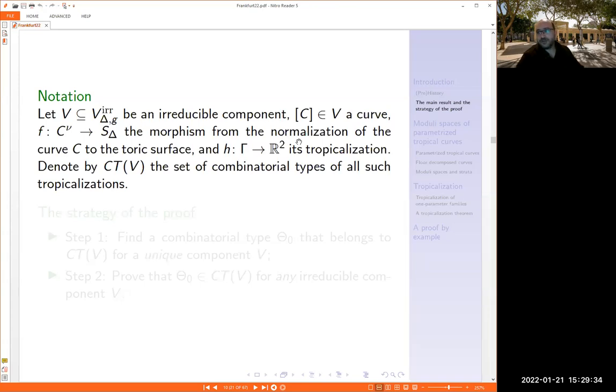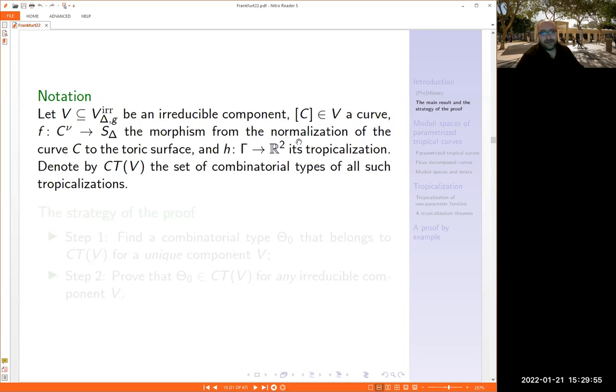So there is some way to produce a tropical object associated to a morphism from a smooth curve to a toric surface. Now for such a tropical curve, I can look at its combinatorial type, the discrete datum behind this tropical object.